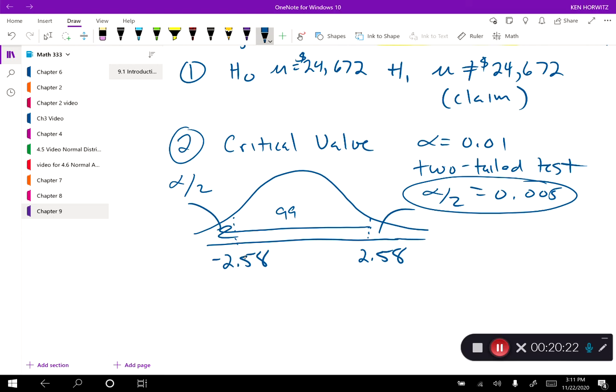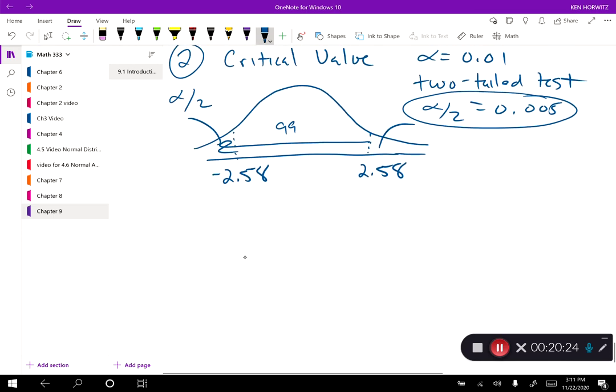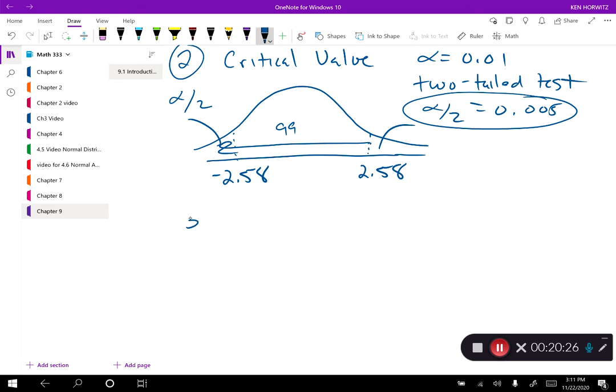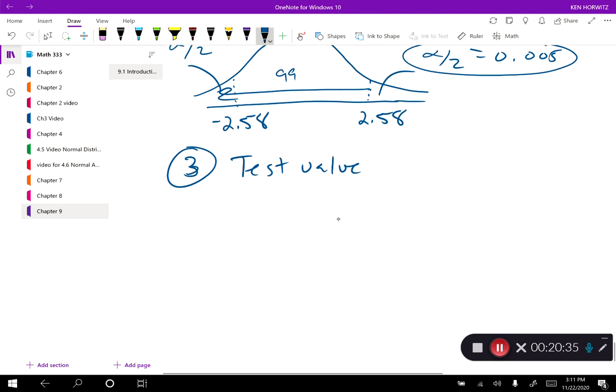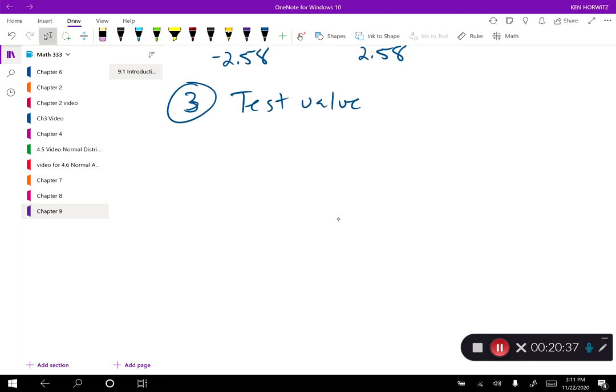So the next thing we're going to do is compute our test value. Our test value is going to be computed by our Z formula. So Z equals, and our X bar was $25,226.